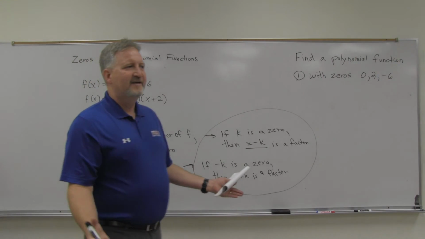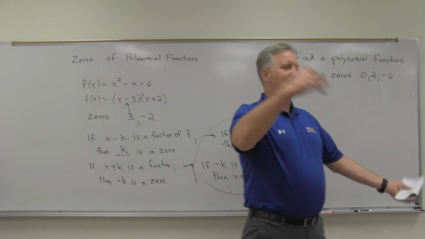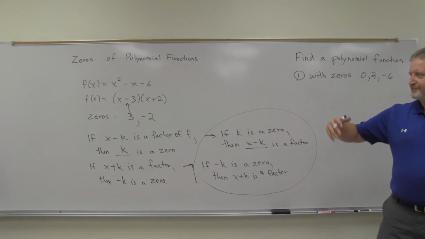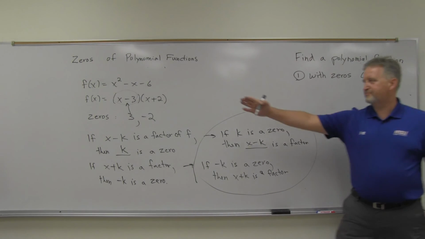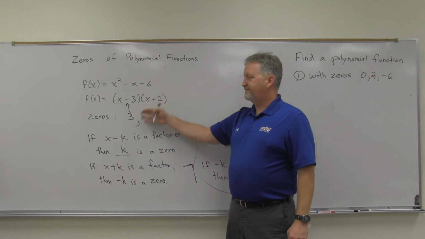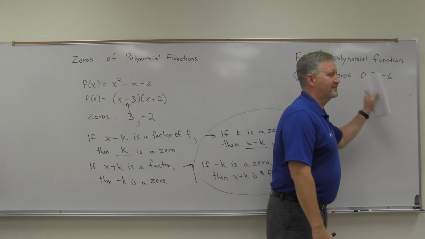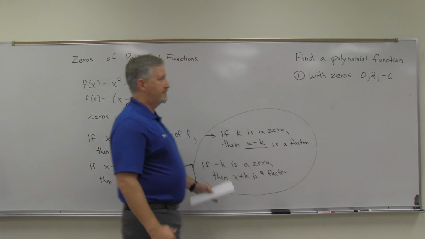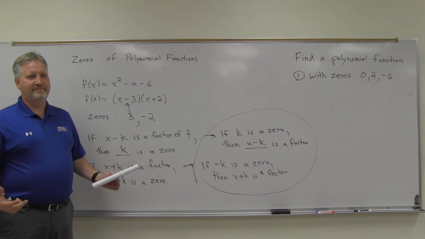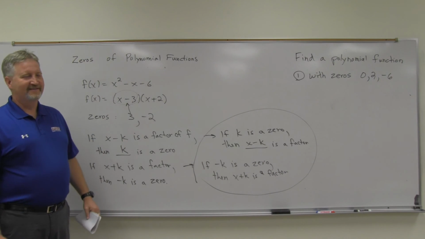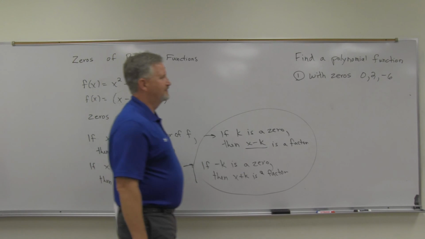So essentially, what we're doing here is just the reverse of what we were doing on the previous problems. Previous problems I was saying, here's the function, find the zeros. Now I'm saying, here's the zeros, find the function. But what we're going to do is use this fact here.